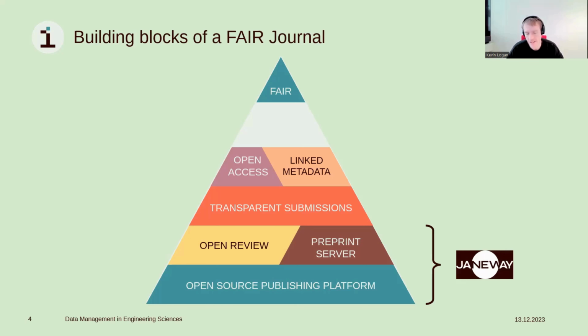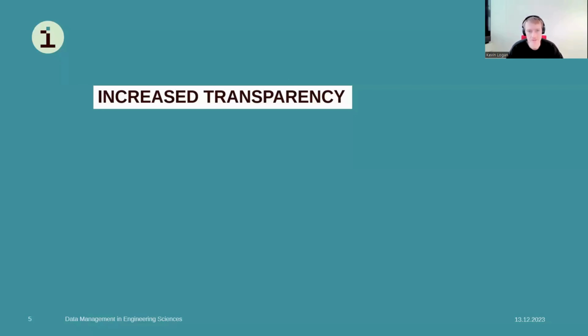We'll get into that briefly later on, and there's also a side project we're running on linked metadata, but the main point is that it's a Diamond open access journal, so all of you as interested authors don't have to pay any article processing charges for submitting to or publishing in ing.grid, and neither do any of the readers have to pay anything. It's all funded through third-party funding as of now.